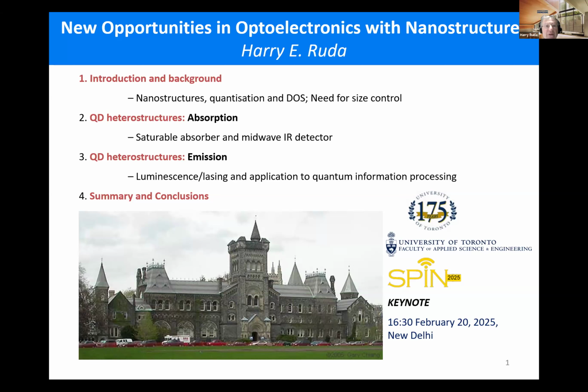The background in that first section will cover the critical things that need to be addressed in order to make efficient devices for those 2 applications. In the first application, I'll talk about saturable absorbers and mid-wave infrared detectors. In the second, I'll talk about emitters such as lasers and also emitters for quantum information processing. After that, there'll be a brief summary and conclusions.